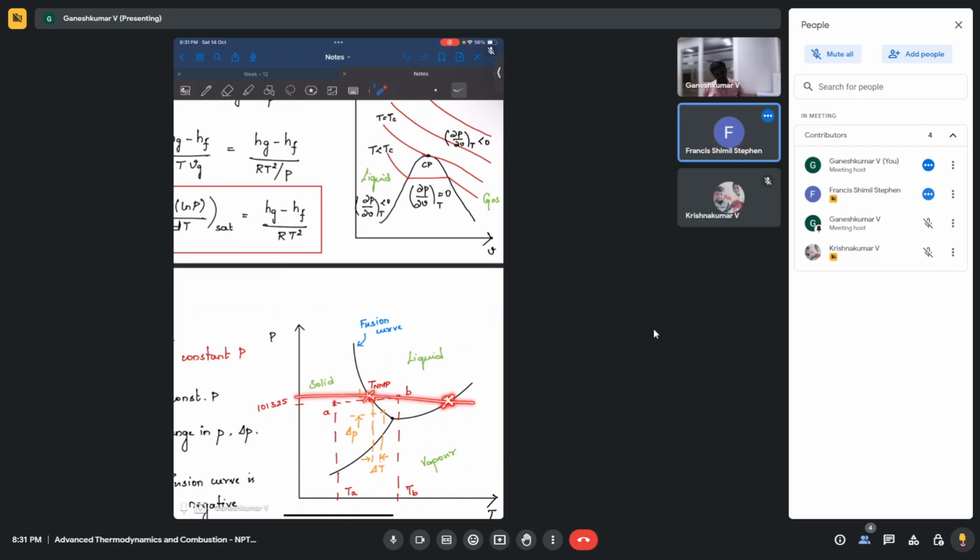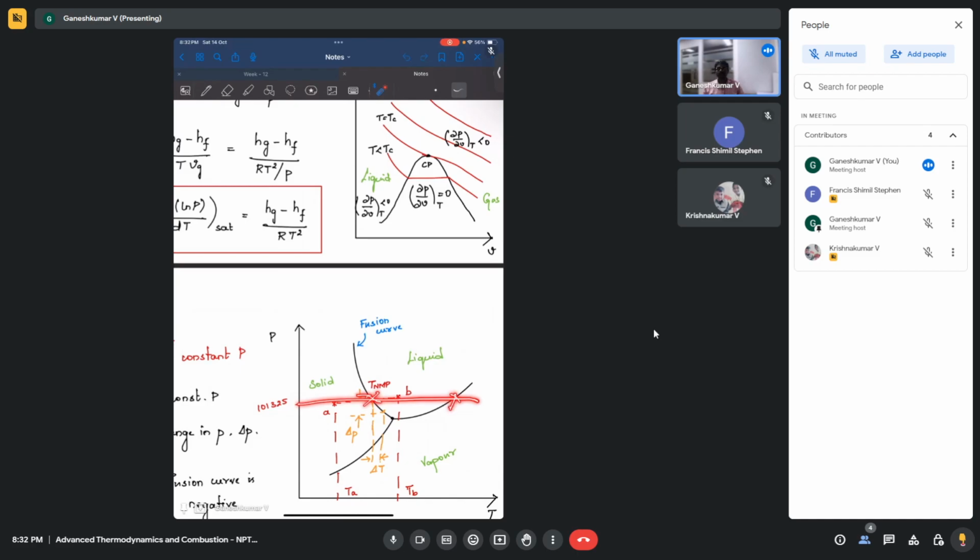See, this is T saturation for solid liquid conversion. This is T saturation for liquid vapor conversion. Okay, sir. So there are two Tsats. I agree, but there are also two different phase changes happening, right? So for solid liquid, this will be, and for liquid vapor, this would be.